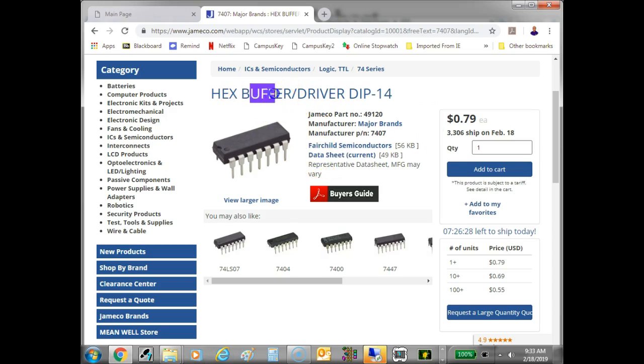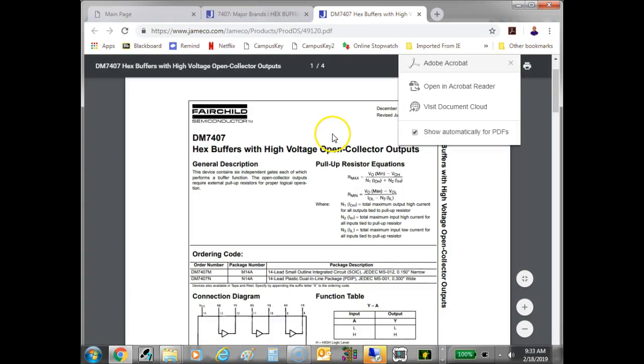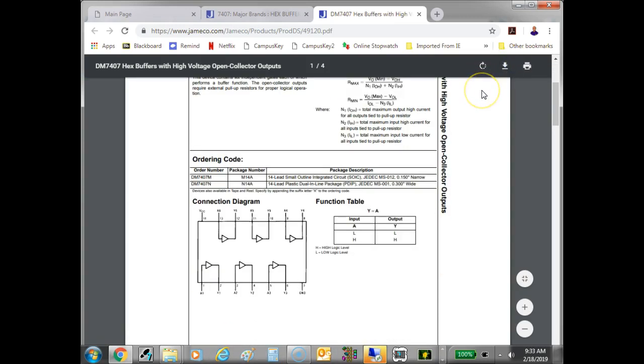So what's this guy up above it? This is a hex one, but it's a driver too. So notice here's the symbol right here. It has basically the same pin out as the 7404, but this guy does no logic, it's a buffer. What does buffer mean? Well, it means it's a go-between, right? Y'all understand?